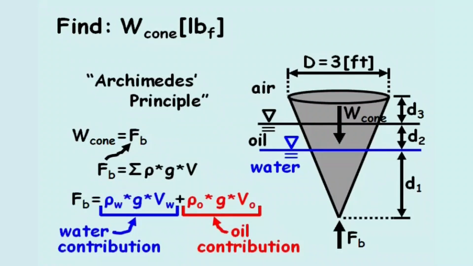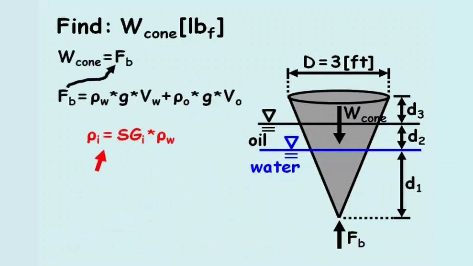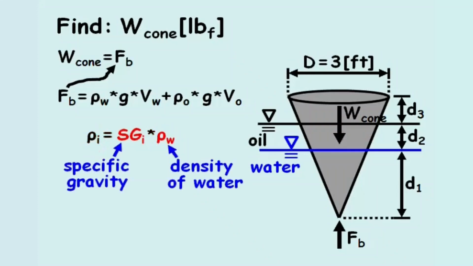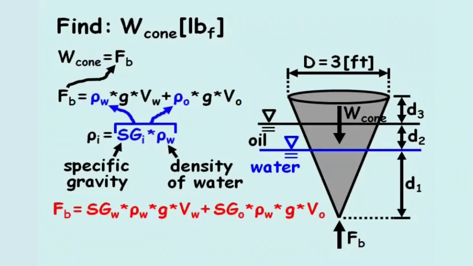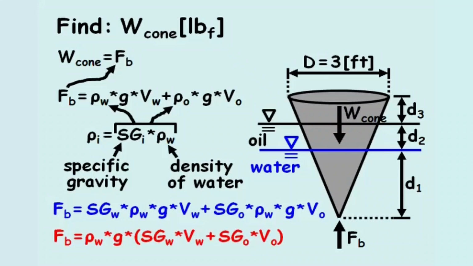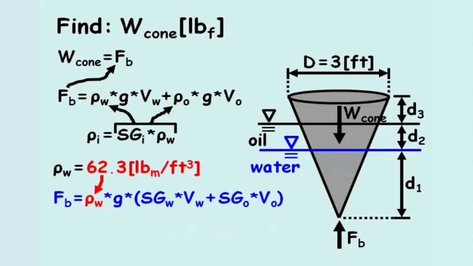Also, the density of the fluid, rho i, equals the specific gravity of the fluid, SGi, times the density of the water, rho W. After making this substitution for the densities of water and oil, our revised equation for the buoyant force is rewritten and simplified. The density of water equals 62.3 pounds mass per cubic foot.